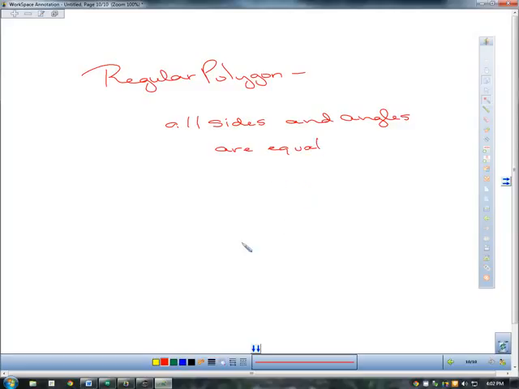Okay? So if that happens, and I ask you, if I say you have a dodecagon, okay, so we know that's 12 sides, it's a regular dodecagon, what is the measure of each interior angle?